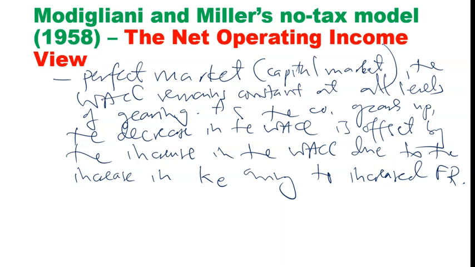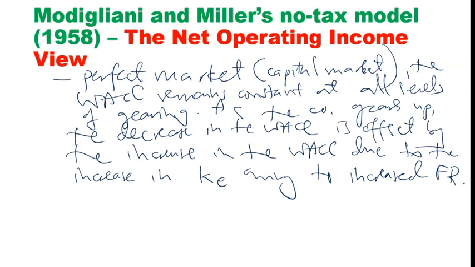So this is what happens according to the Modigliani and Miller no-tax model. The cheaper debt will cause the WACC to fall, but at the same time, because we are continuing to get geared, the financial risk is going to trigger a rise in KE, that is the cost of equity. And when the cost of equity increases, obviously the WACC is going to be affected.